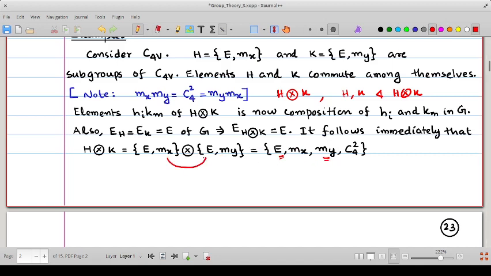Now Mx times E, which is Mx, and Mx times My, that is C4 square. So the outer product group of H with K is E, Mx, My, and C4 square.